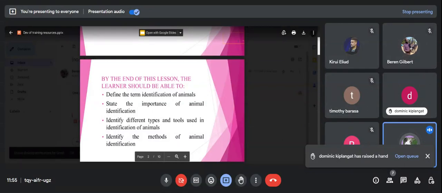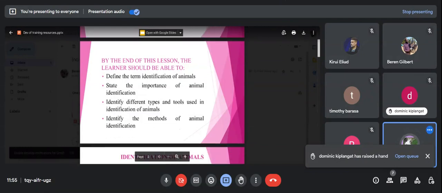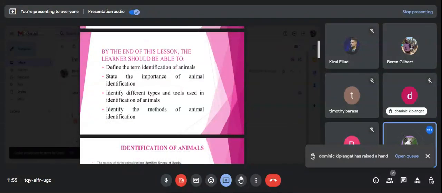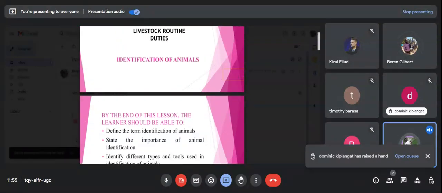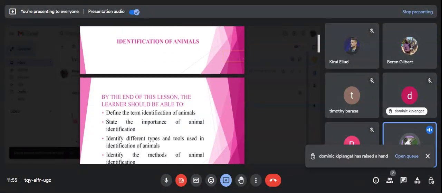The assignment is: we have discussed 5 types, so look at the other types that we have not looked at. Look at other 5 types of animal identification. I'm going to collect that assignment in our next lesson, and thank you for attending. Have a nice evening.